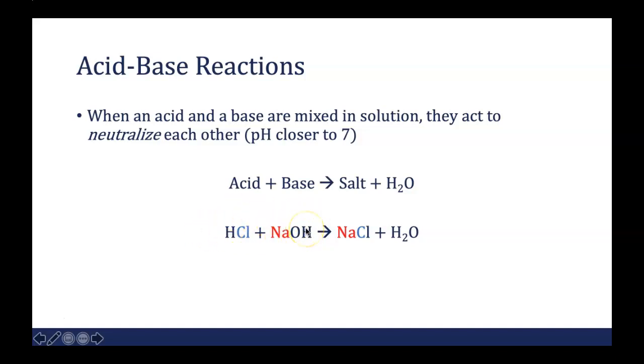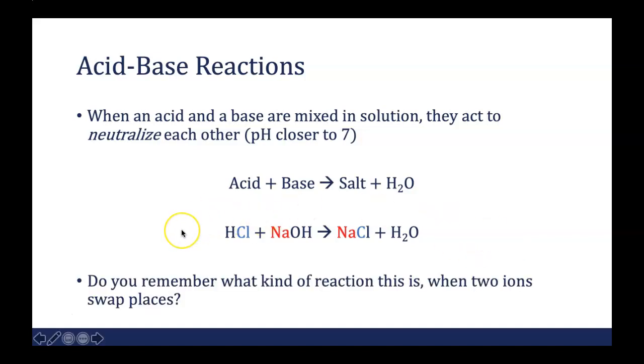OH accepts the proton, so this will be my base. This will be my acid, and then my final product will be sodium chloride and water. So salt plus H2O. And so here, salt doesn't just mean NaCl. Salt actually means any kind of simple ionic salt, so a positive ion and a negative ion.